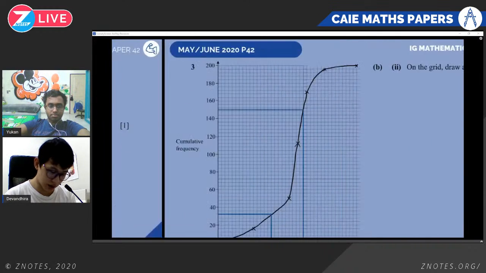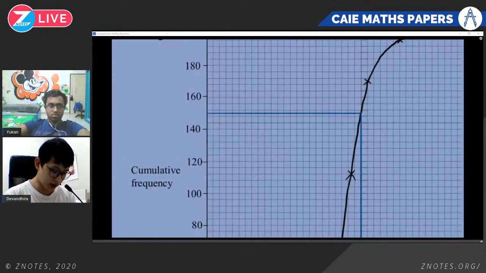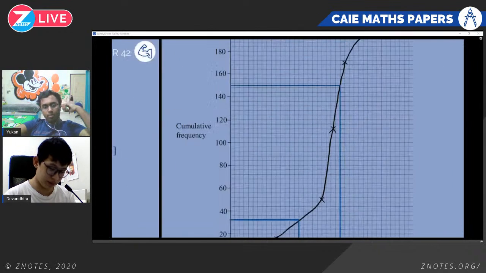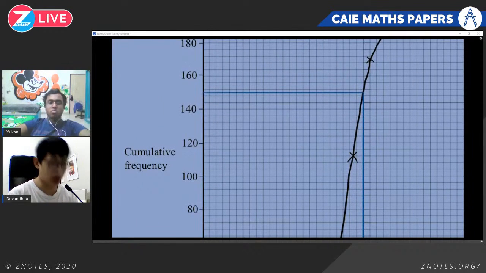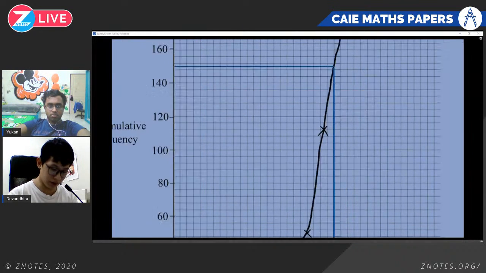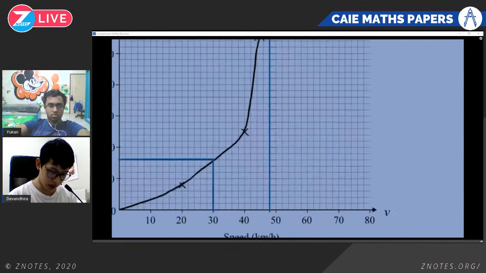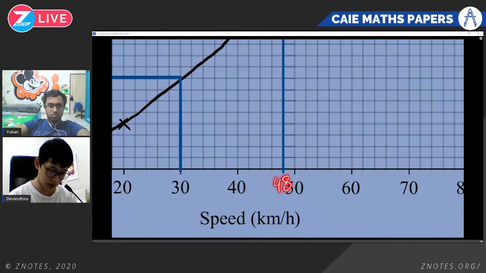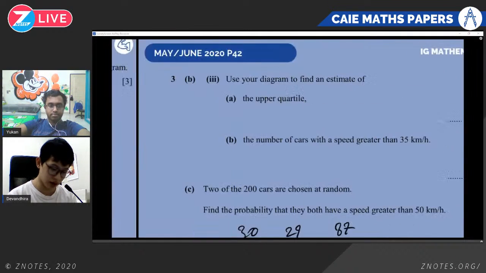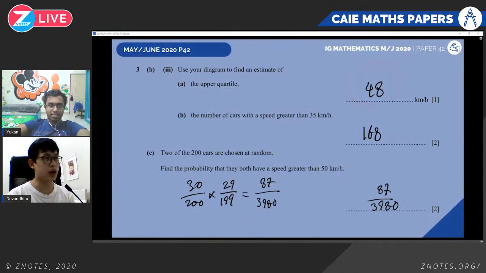So that means we have to find what's the speed for the upper quartile. So we can make a line here. I think they give you points for making a line. And 150. See where it touches your curve. Then you bring it down here to the speed. And you should get about 48 right here. And that is the answer, right, Yugan? Is 48 the answer? All right, that's good then.